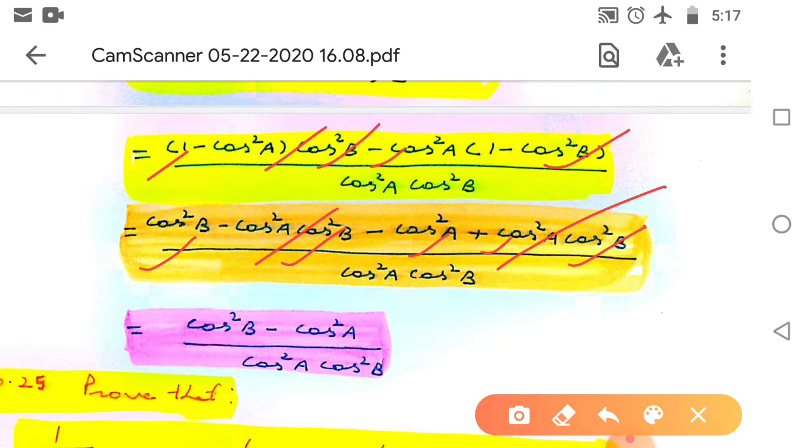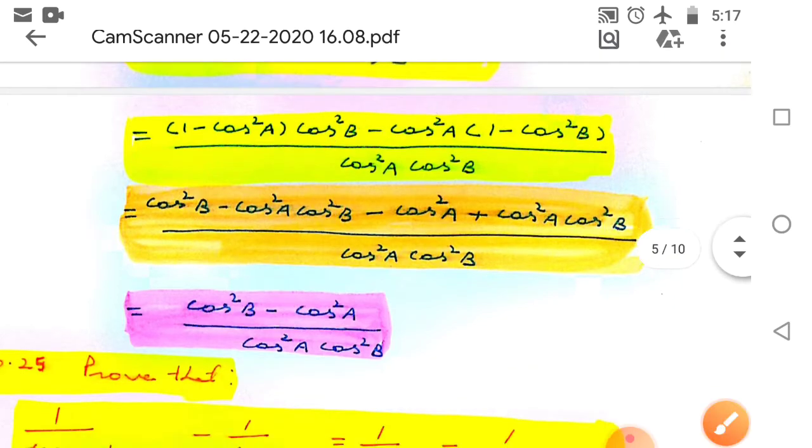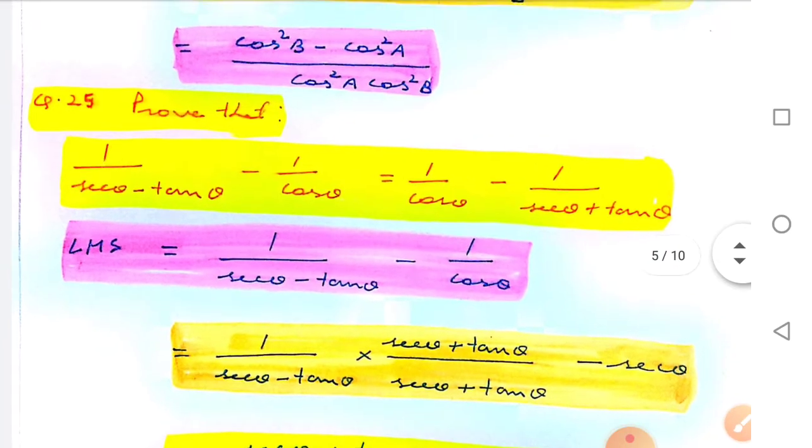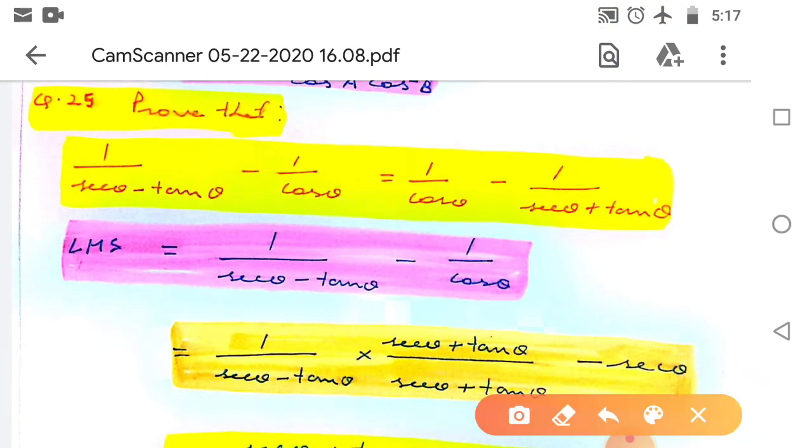Finally we get cos square B minus cos square A upon cos square A into cos square B. So in these types of questions we have to see our RHS and LHS, where we have to reach.